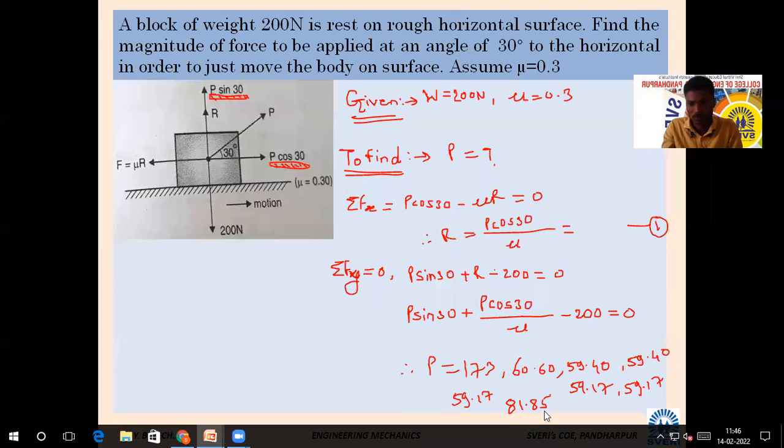Something has gone wrong. Your method may be correct, but something has gone wrong. While putting up your equation in the calculator, a mistake has happened. 81 cannot be the answer. 59.17 should be the answer. Just check once again. Your method is correct, but execution is wrong.